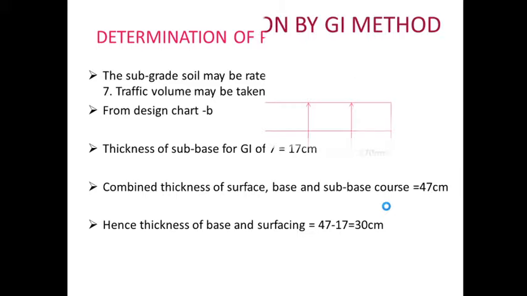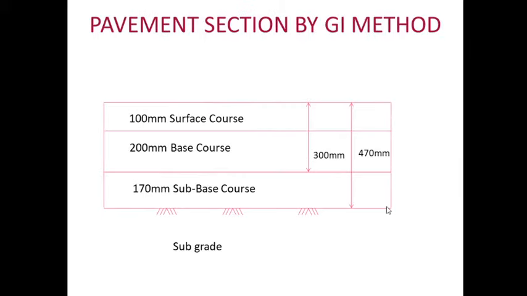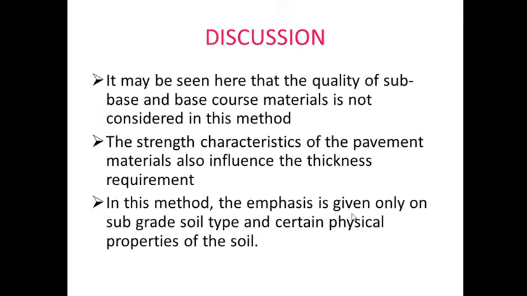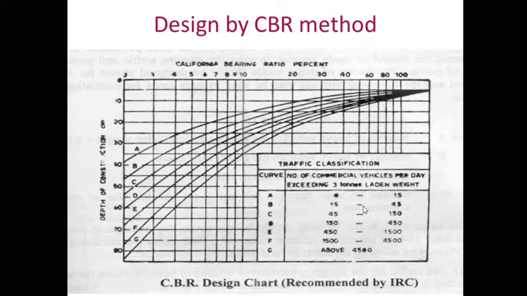Then the pavement section by the group index method. The subbase is 170 mm or 17 centimeter thick. Normally in India, subbase is semi-granular subbase or aggregate with gravel. The base course is 200 mm.